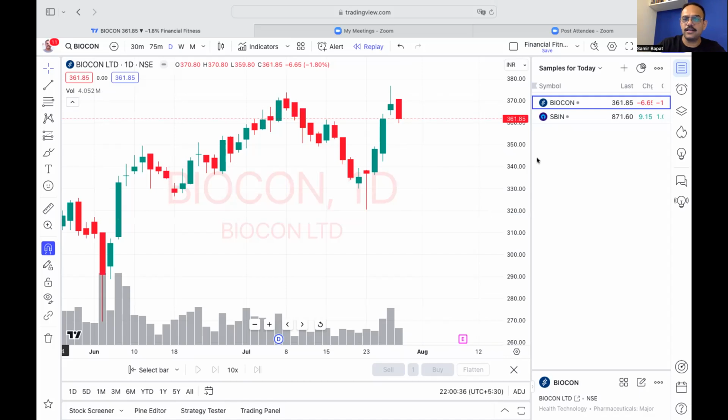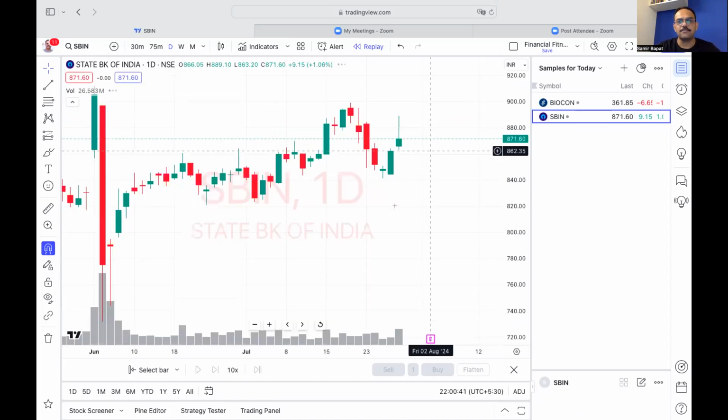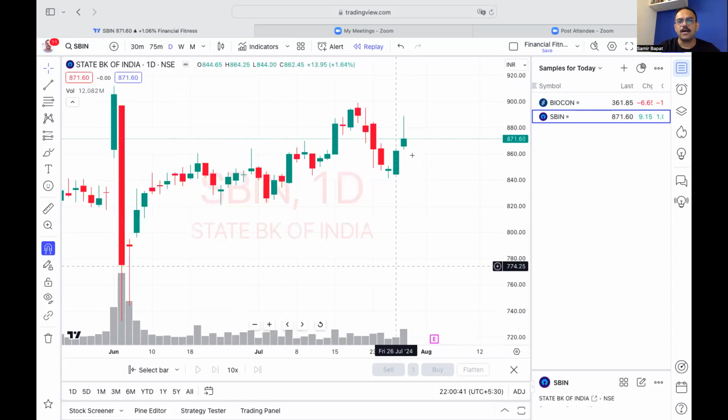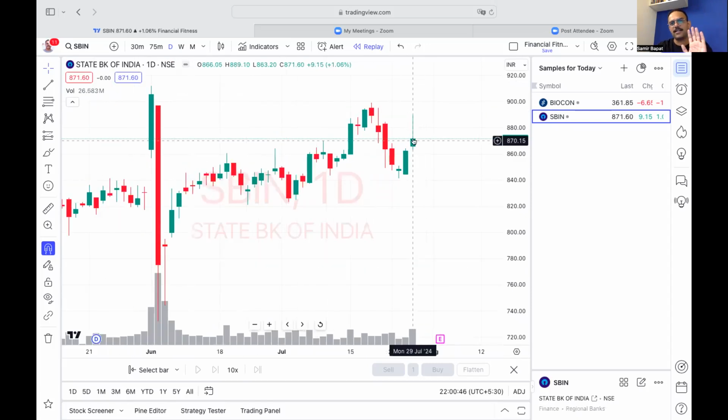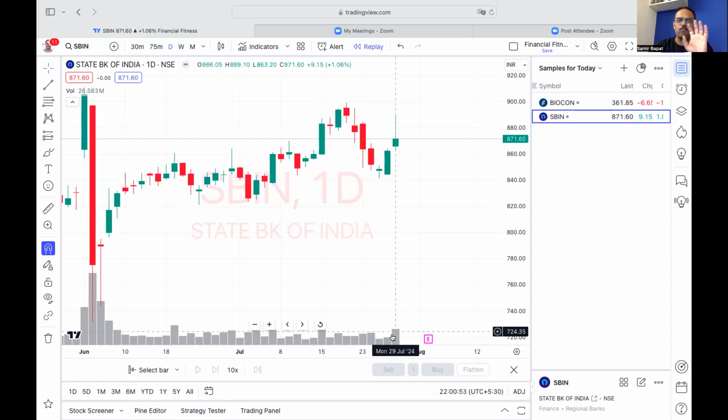Now, the next example which I have kept is SBIN. See, today it has formed a long wick. A reversal pattern has not formed yet. It has only given a long wick. When you see a long upper wick and the volume is not that good, but if there is a long wick and the volume is also decent, this gives you a warning. There is some weakness in the up move.